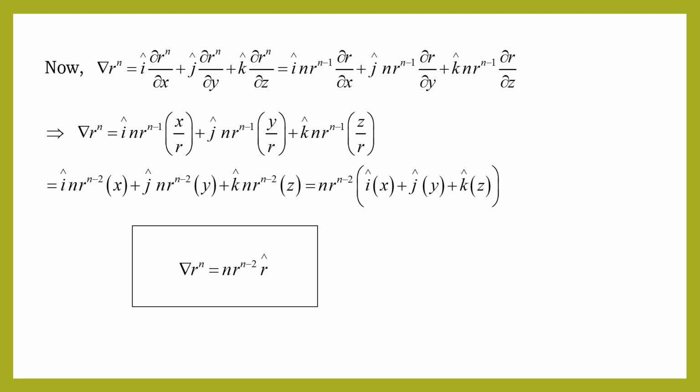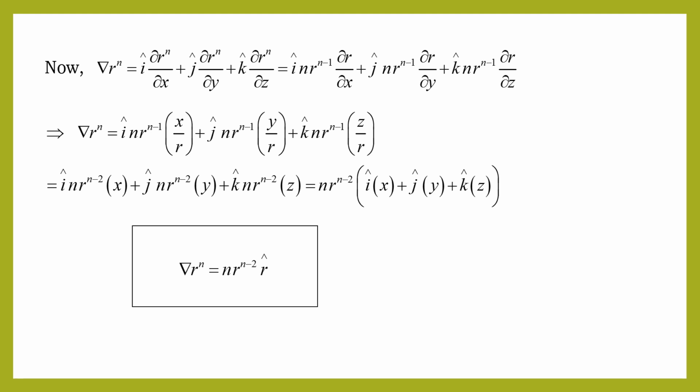If we cancel r^(n-1) in the numerator with r in the denominator, then we get ∇r^n equals i n r^(n-2) x plus j n r^(n-2) y plus k n r^(n-2) z.